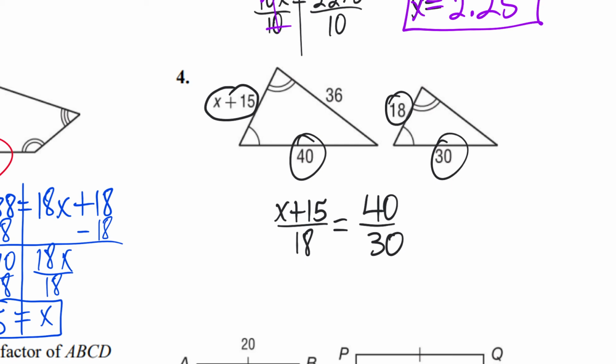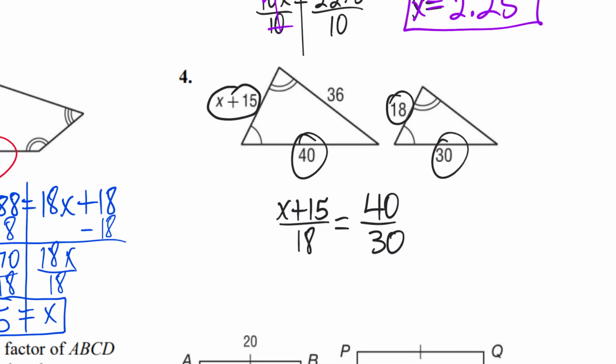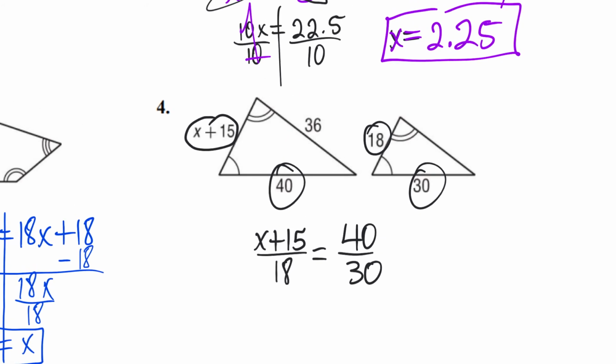Okay, so this is the way I set it up. X plus 15 is to 18, as 40 is to 30. As you set up these proportions, the one thing you have to be careful of is this: since I put the x plus 15 on top here, the number on the same triangle as the x plus 15, which in this case is the 40, has to be the top number over here also.